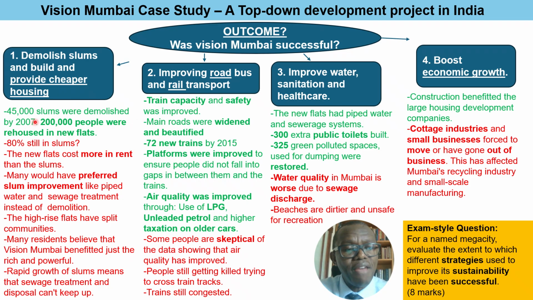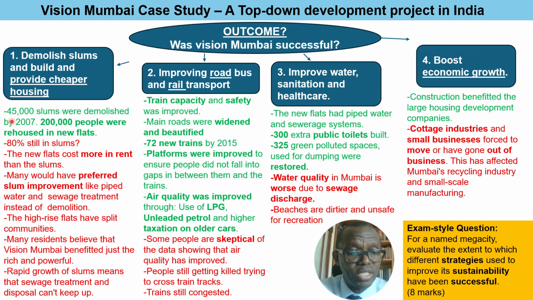So 45,000 slums, and by the way, the ones that I consider to be successes I have put in green, and then the ones that could be considered to be arguments against or maybe not so successful are the ones that are in red.